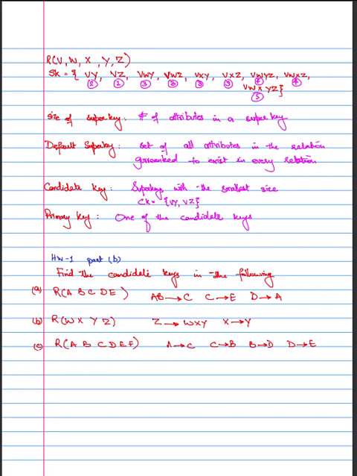Try to solve, apply the closure rules, and then find the super key. Based on the size, the super key having the minimum size will be selected as a candidate key, and then you can easily select the primary key from the candidate keys.